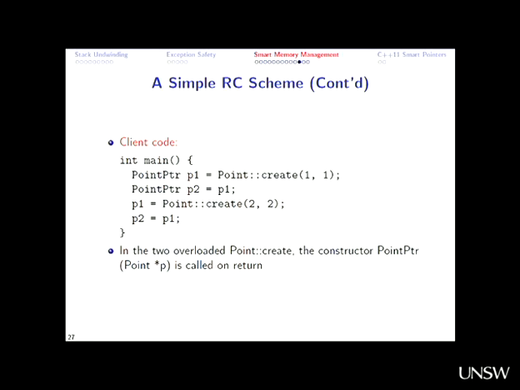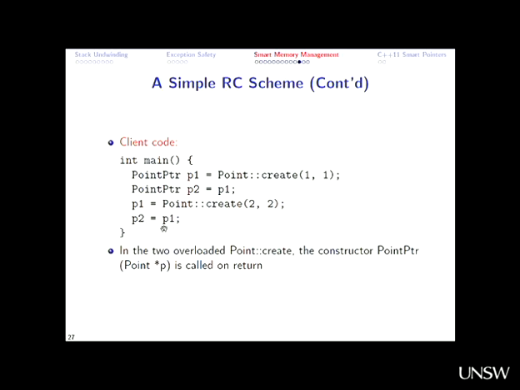We now end up with 2 point objects, both reference counted to 1, and 2 point pointer objects pointing to 2 different things. Have we followed this so far? It's complex, and again, the compiler optimizes some of this out.